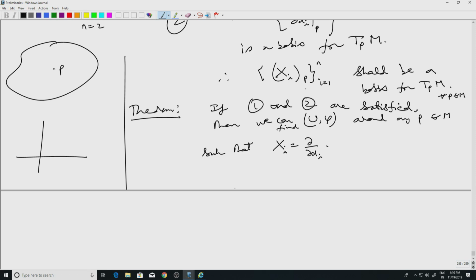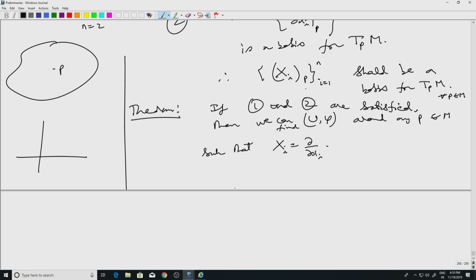And similarly, by shrinking the neighborhood if necessary, we can assume both x1 and x2 have integral curves defined for some common epsilon, taking a smaller epsilon if needed. So in some neighborhood both integral curves are defined.